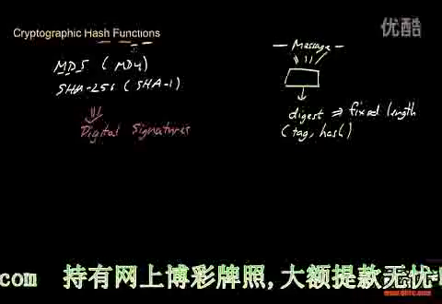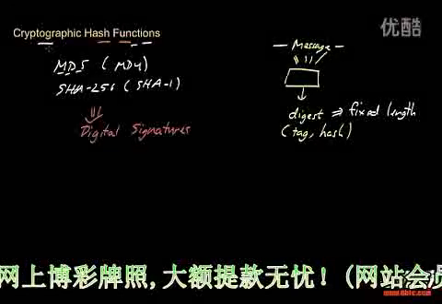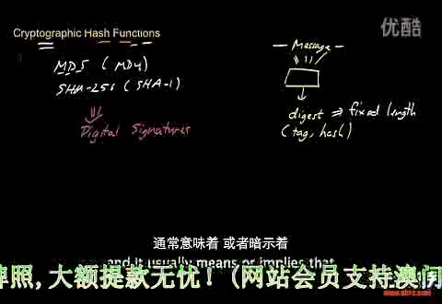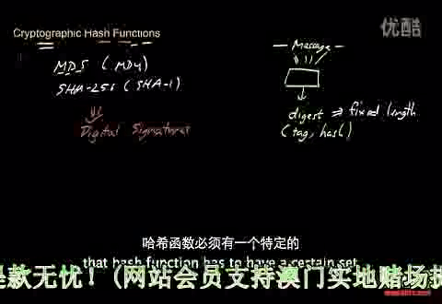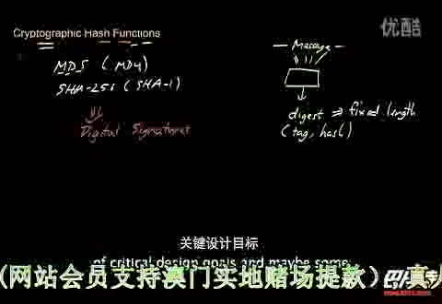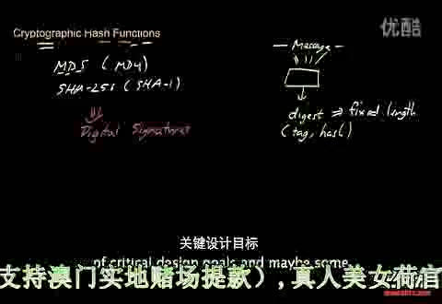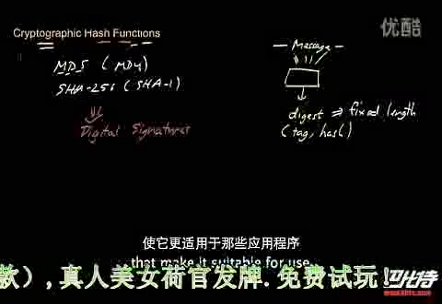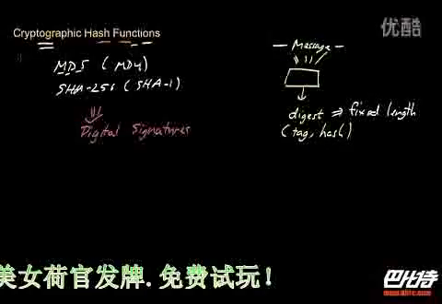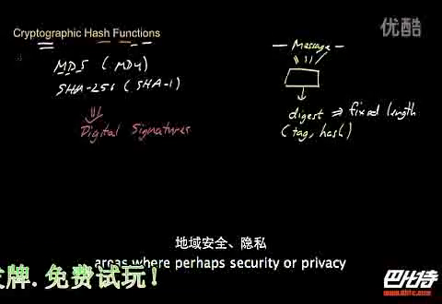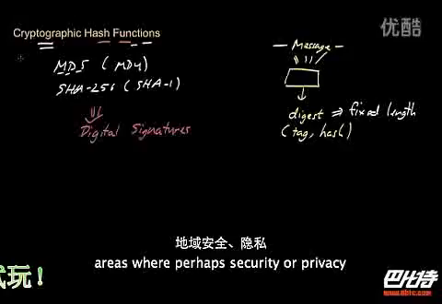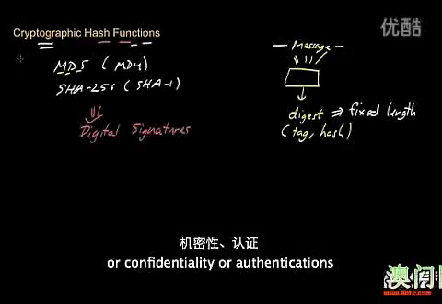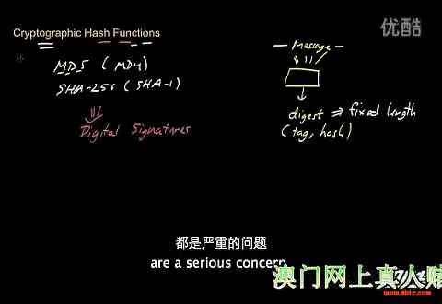Okay, the qualifier cryptographic here is very, very important, and it usually implies that the hash function has to have a certain set of critical design goals and particular properties in mind that make it suitable for use in cryptographic applications, areas where security or privacy or confidentiality or authentication is a serious concern. Okay?